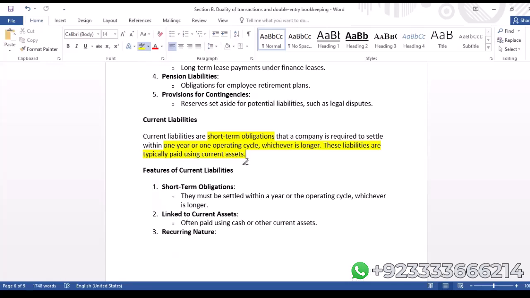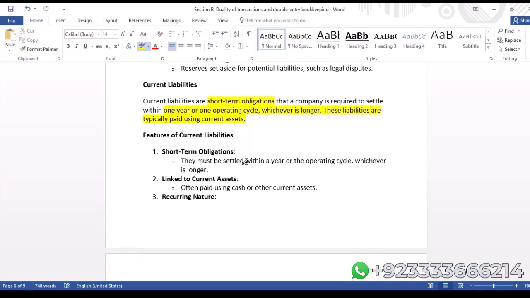Current assets are cash and accounts receivable. When we receive money from someone, we have cash, that is a current asset. Then we use it to pay off a current liability. So current liability is an easy concept. You can easily grasp it because we have discussed current assets in detail.